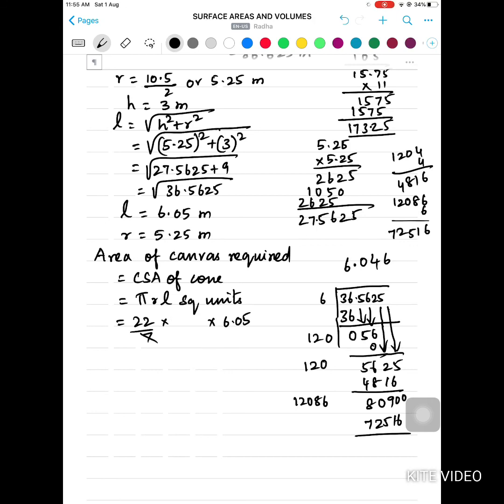So 7 ones are 7, and 5.25 divided by 7 is 0.75. So 6.05 into 0.75 is, when you multiply you get 4.5375. So 4.5375 into 22 you have to do.